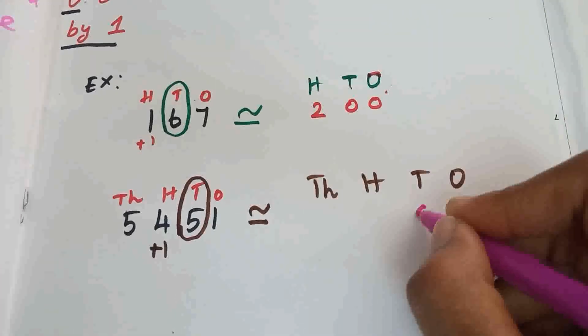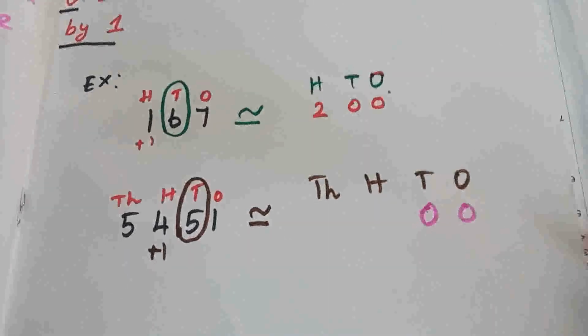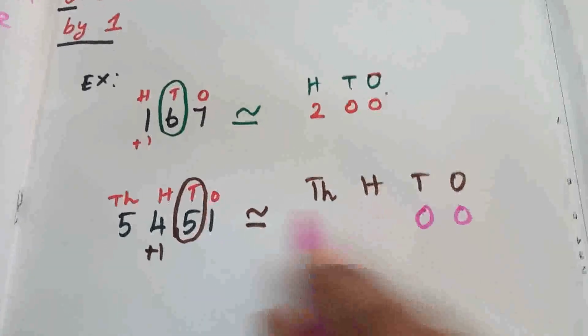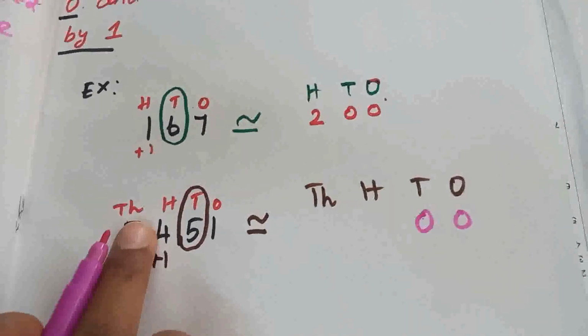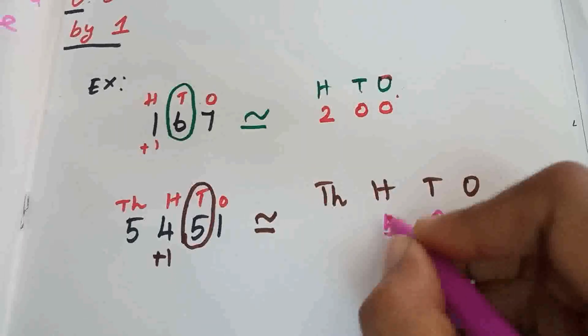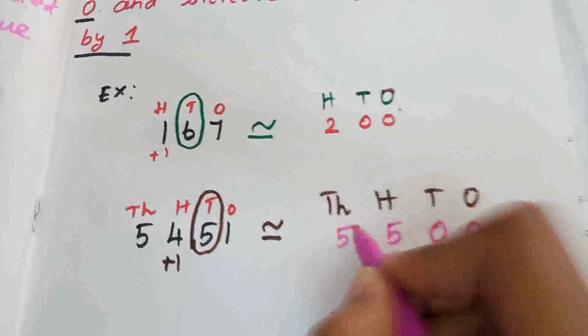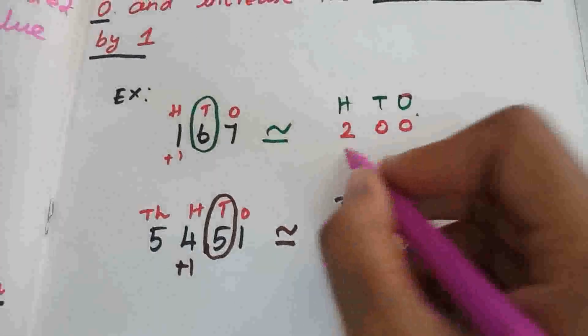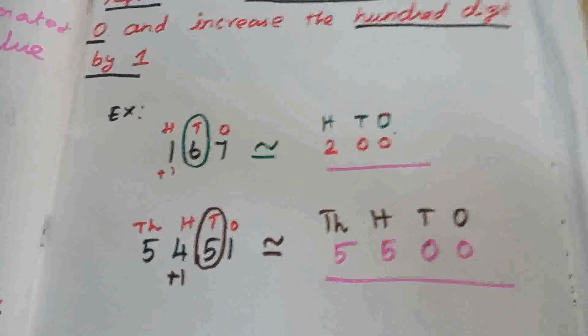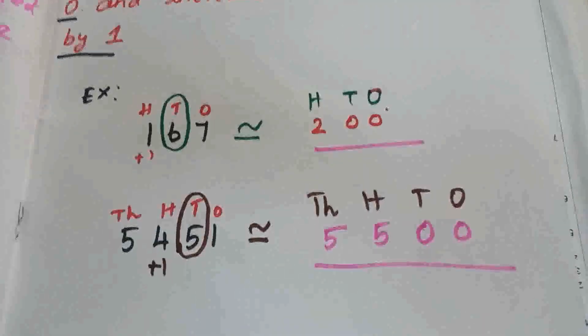Put 0 in which places? Tens, ones. Okay. Add 1 in the 100 place. Already here is 4, and I am going to add 1 again. The answer is 5. The remaining places you write as they are. So this is the answer. Do you have any doubts? Okay, superb.